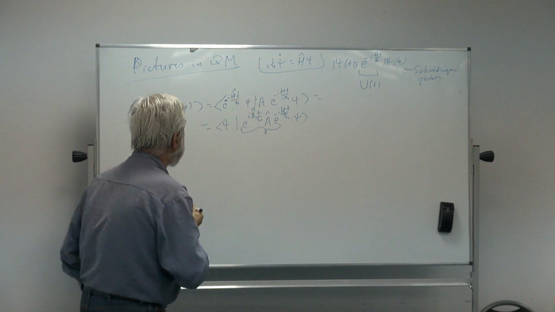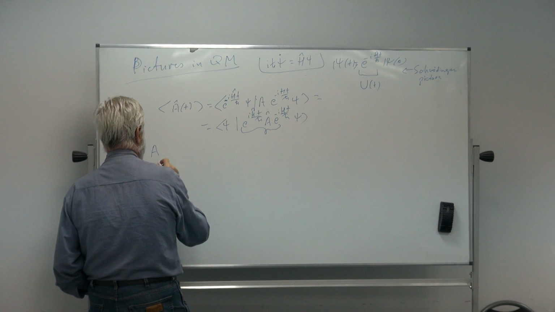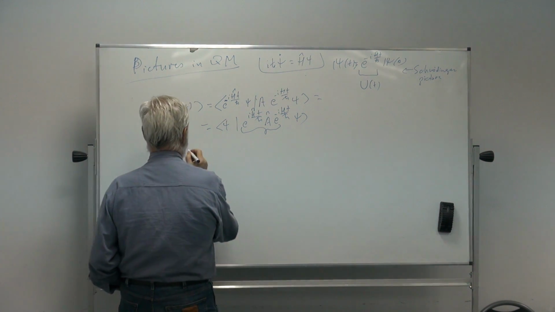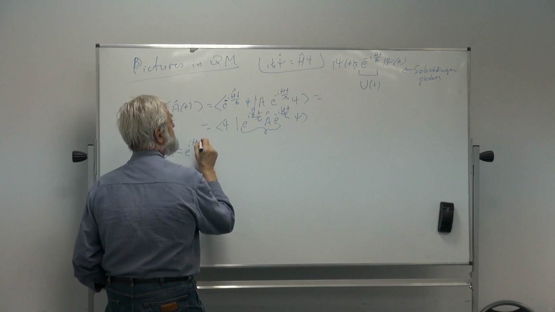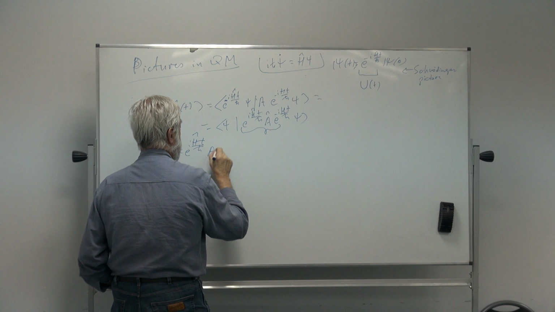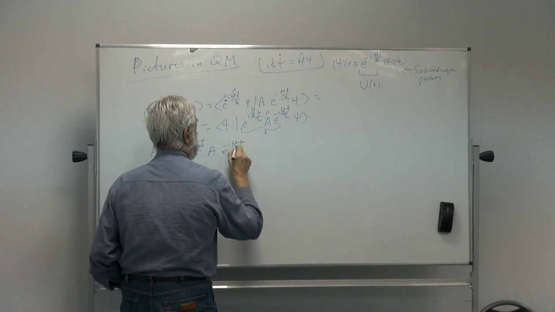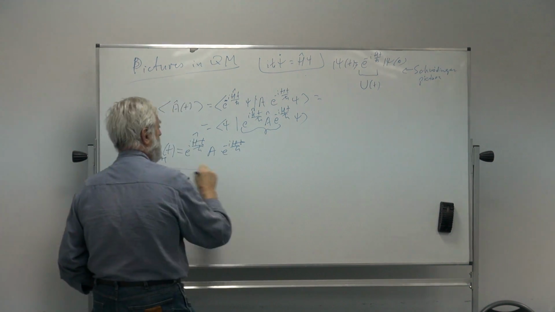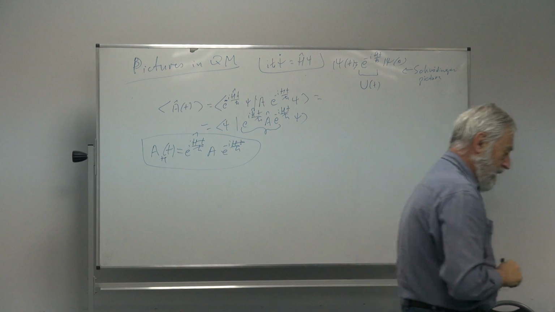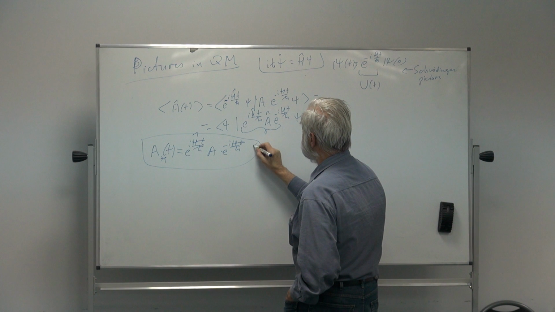And if I say psi constant, but A Heisenberg of t is equal to e to i H t divided by h bar A times e to minus i H t over h bar, then if I assume that my operators are changing in time, then I am in what we call the Heisenberg picture.